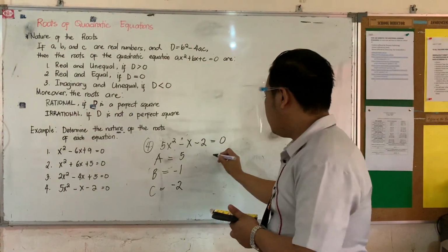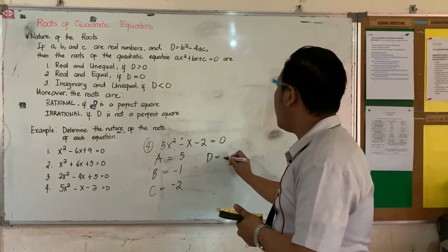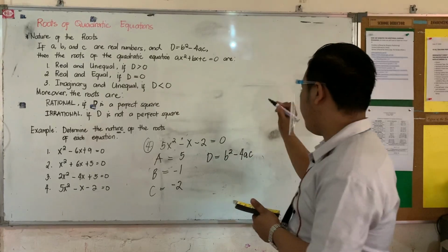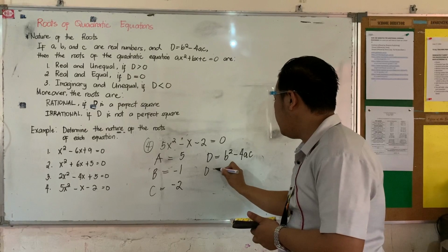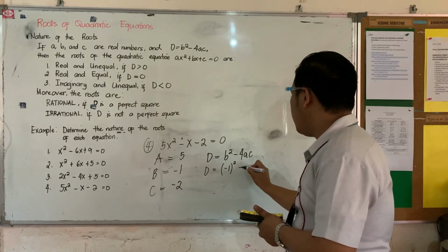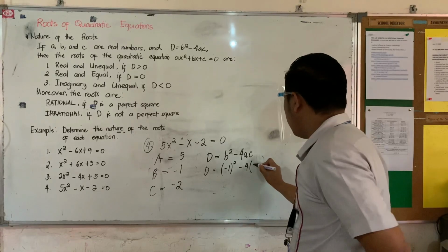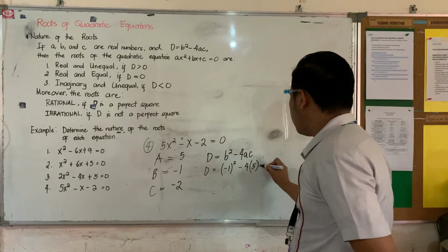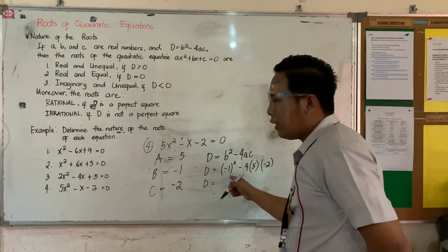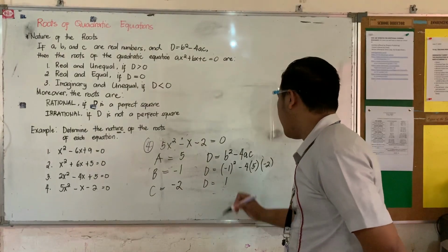Then proceed to the discriminant formula, B squared minus 4AC. Okay, substitute natin. The value of B is negative 1 raised to 2 minus 4 times 5 times negative 2. So we have now here the square of negative 1 is positive 1.